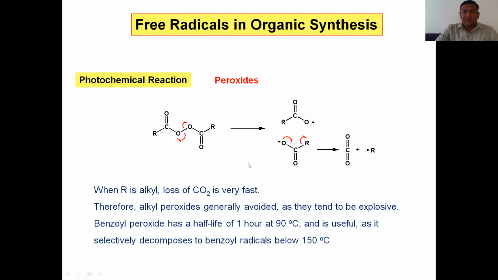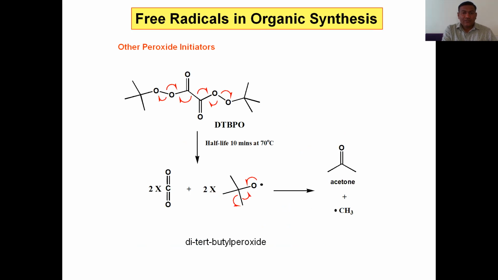So this part, and we'll see the other peroxides that are there. Okay, write down this also. This is another peroxide initiator, DTBPO, and the name of DTBPO is ditertiary butyl peroxide. So write down the structure of this also. See, again there is a homolytic fission in two places.